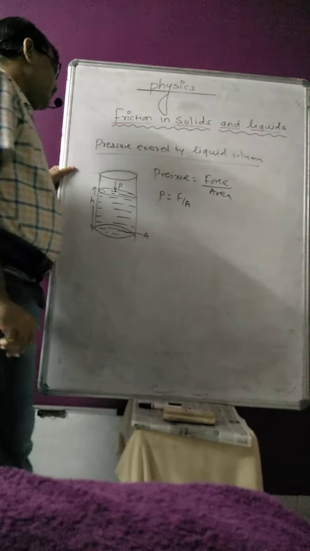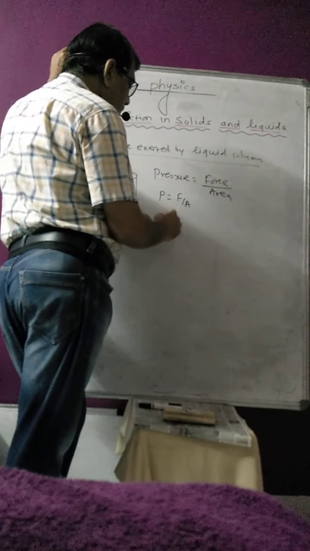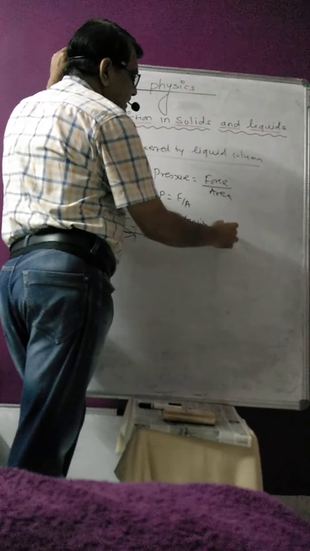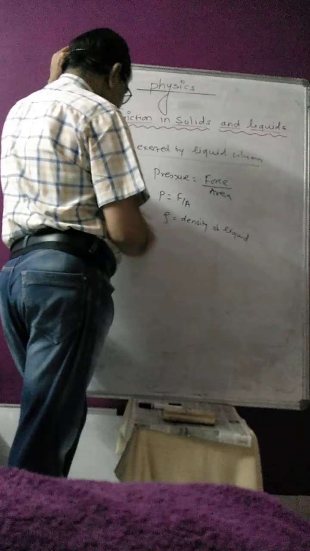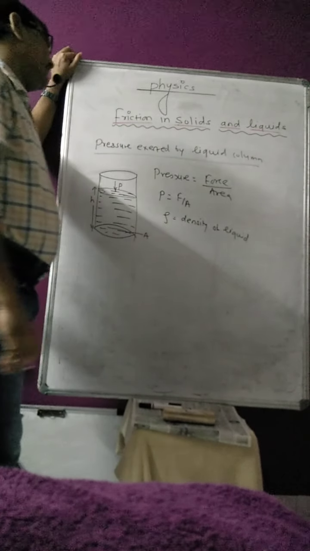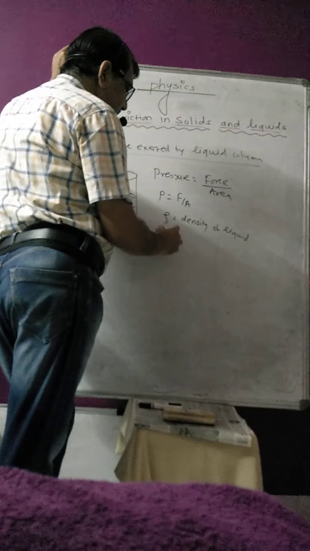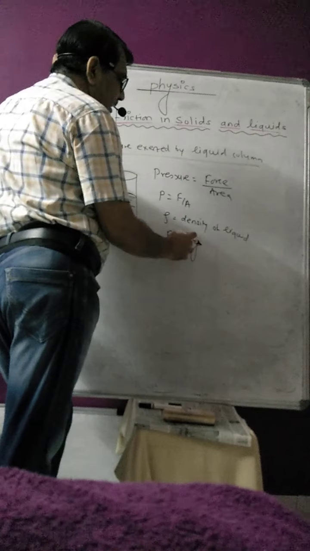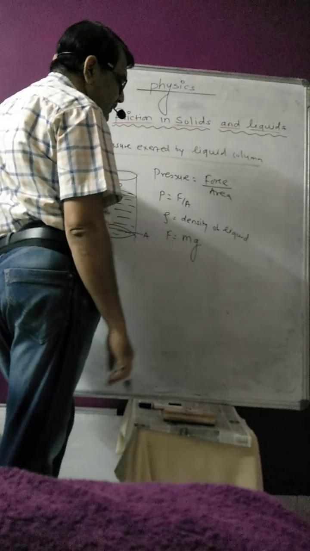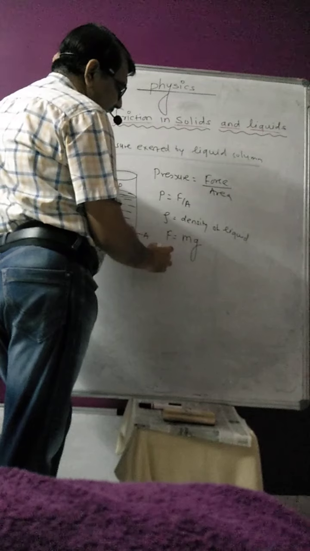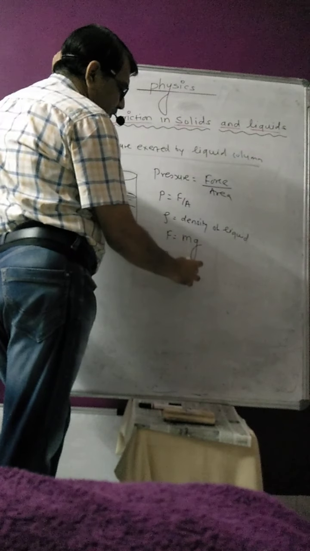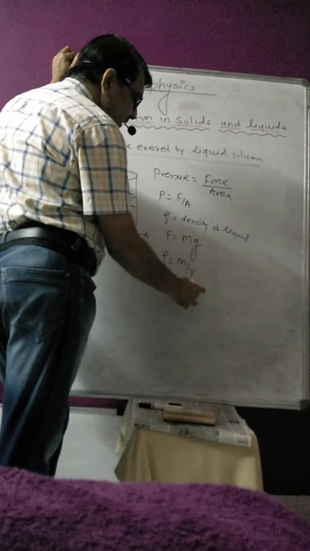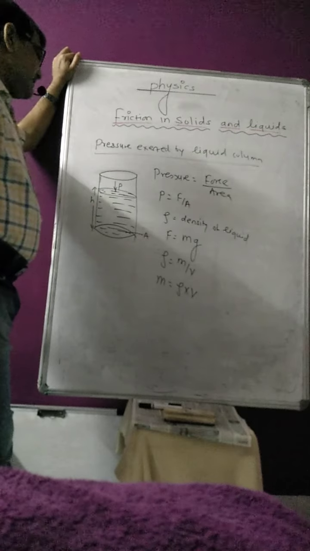Now suppose rho is the density of the liquid which we have considered in that container. Force can be calculated using the formula m into g, where m is the mass of the liquid and g is the acceleration due to gravity. As density is equal to mass upon volume, mass is equal to density into volume, where V is the volume.